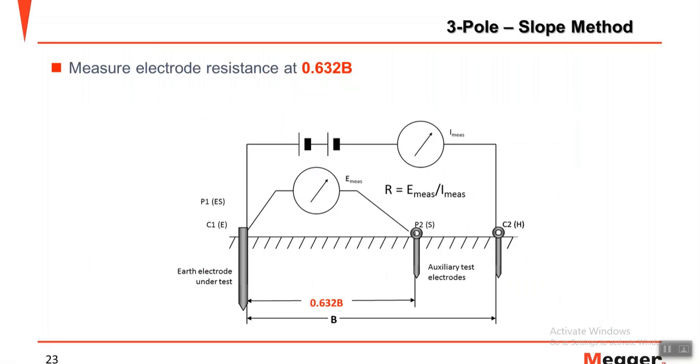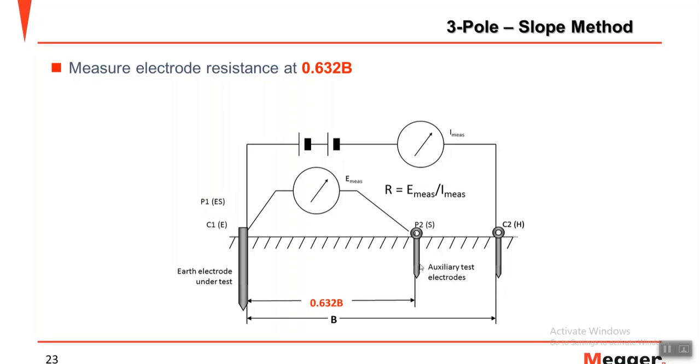So means we got this value. If the distance from electrode under test to the current probe is B, means you need to put the potential probe in 0.632B. So the measurement on this position, we can use it for a true measurement.